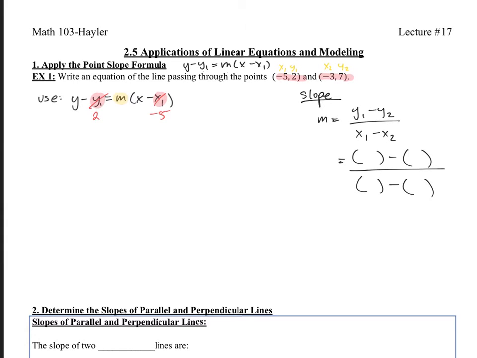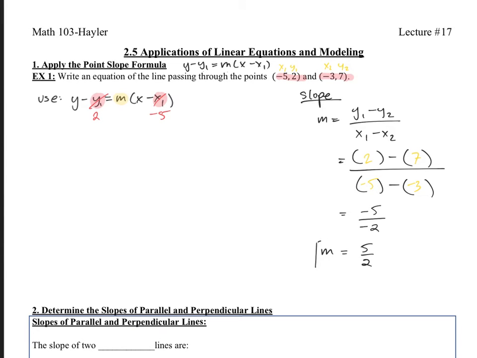So filling this out, we have 2 minus 7, and then in the bottom we have negative 5 minus negative 3. This simplifies too, so 2 minus 7 is negative 5, and then we have negative 5 minus negative 3, so that'll be negative 5 plus 3, which is negative 2. We can simplify and get rid of the negatives, and we have 5 over 2.